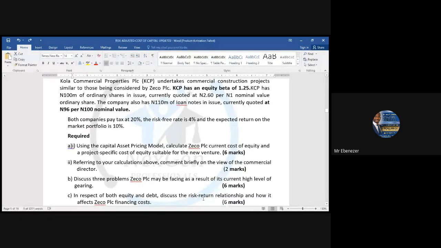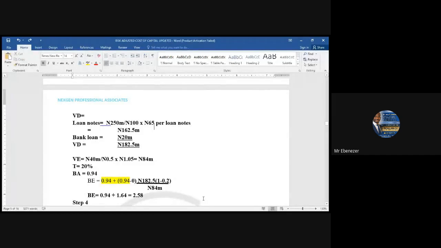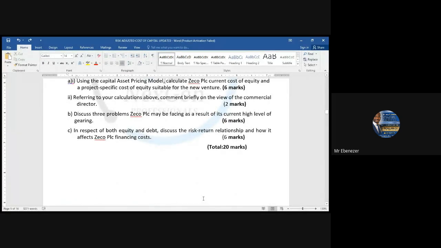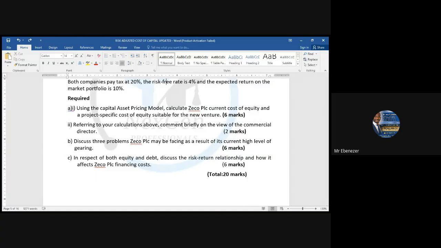So the next question. That is just what they want you to tell us, right? In respect of both equity and debt, discuss the risk-return relationship and how it affects ZECO PLC financing costs.